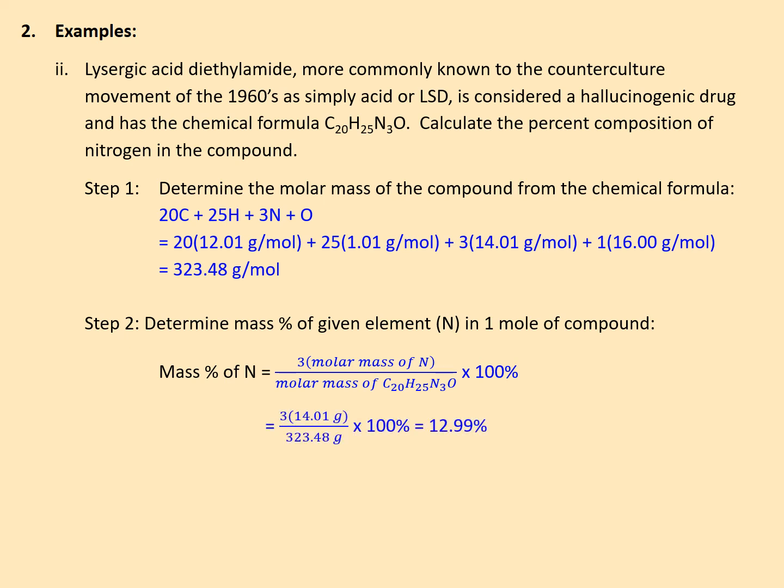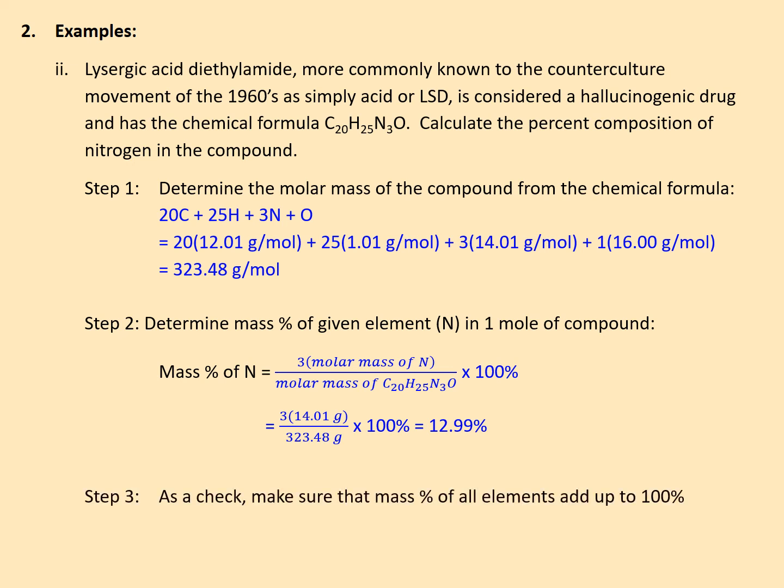And of course we have to divide by the molar mass of the entire compound. Nitrogen has a molar mass of 14.01 from the periodic table, so we multiply it by 3, divide by the molar mass of the entire compound, multiply by 100%, and we get about 13%, 12.99% to be exact. So lysergic acid diethylamide, LSD, is about 13% nitrogen by composition.